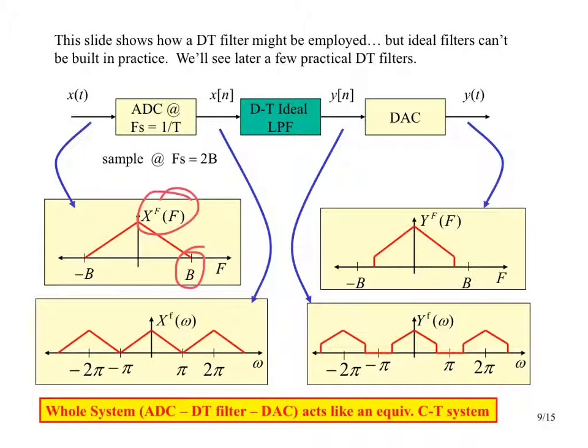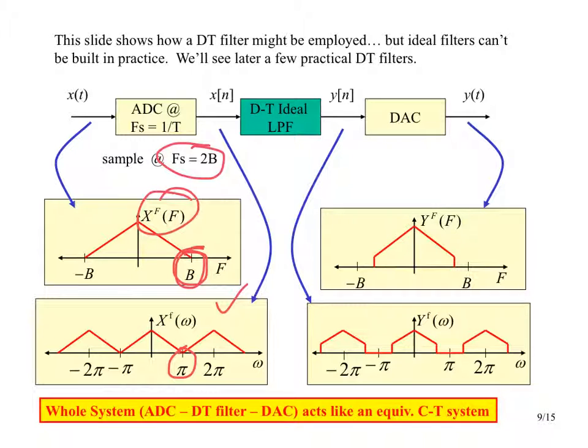B is in hertz. It's the largest frequency in our signal. So we know that we can sample, at least theoretically, at the critical sampling rate, the Nyquist rate of 2B. When we do that, we get a DTFT that looks like this. And because we are critically sampling, that means that this edge is going to show up right at pi.